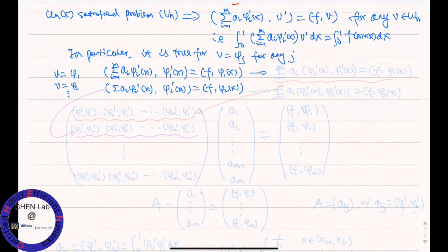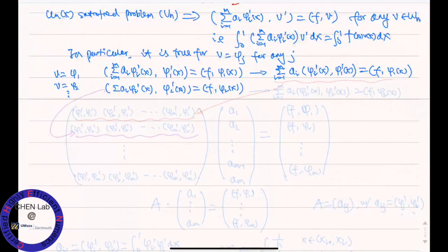So this is like the summation of i from 1 to m, a_i, and then we have the integral of phi_i prime with phi 1 prime. This is equal to f phi 1 x. Okay. Now the trick is to write this as linear algebra equations.